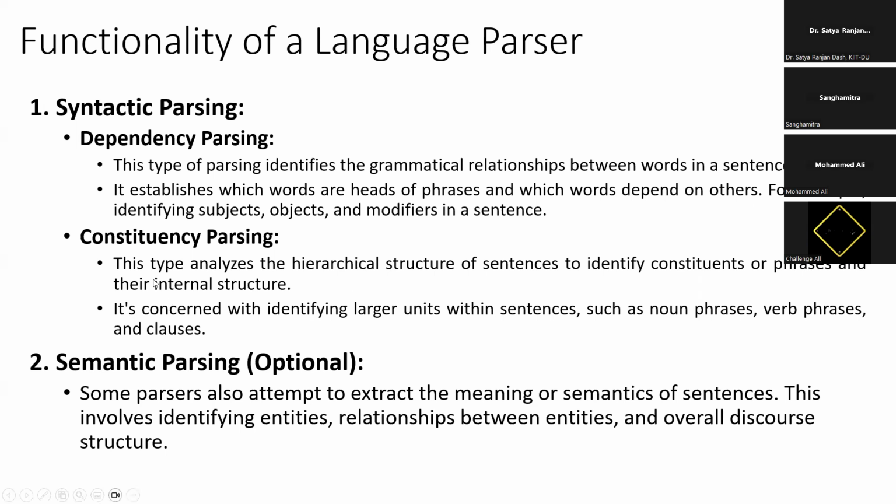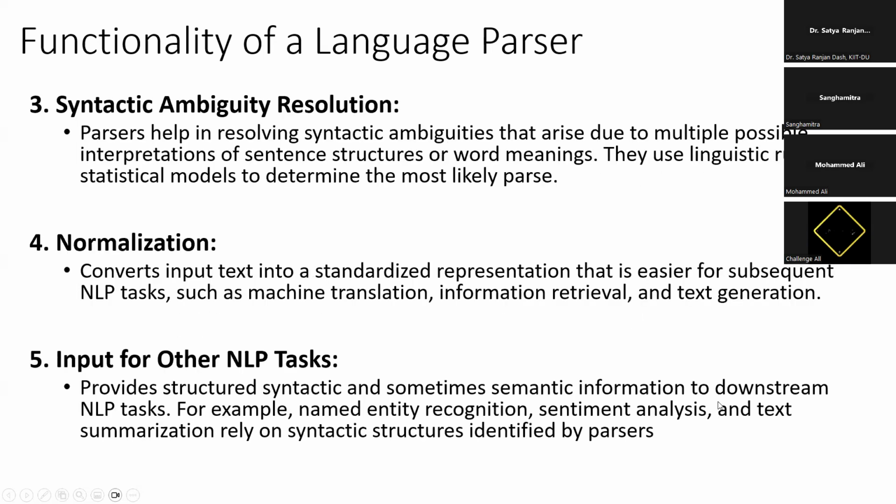Then you have constituency parsing as well, which will analyze the hierarchical structure of the sentence to identify constituents of phrases and their internal structure. Then semantic parsing, which is optional. This will attempt to extract the meaning of the sentence.